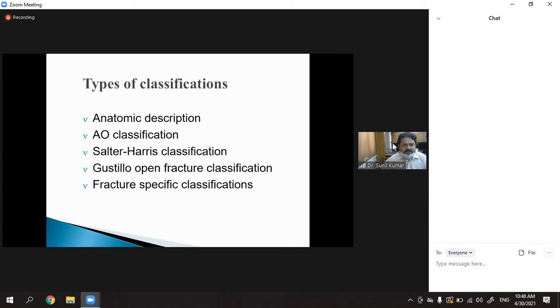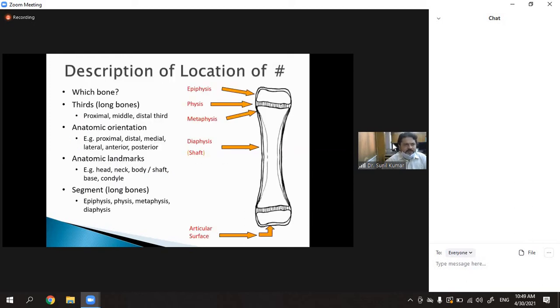Different types of classifications are available: anatomic description, AO classification, Salter-Harris classification, Gustilo open fracture classification, and fracture-specific classification according to the region of the bone involved. In anatomic classification, we have to define the location of a fracture.